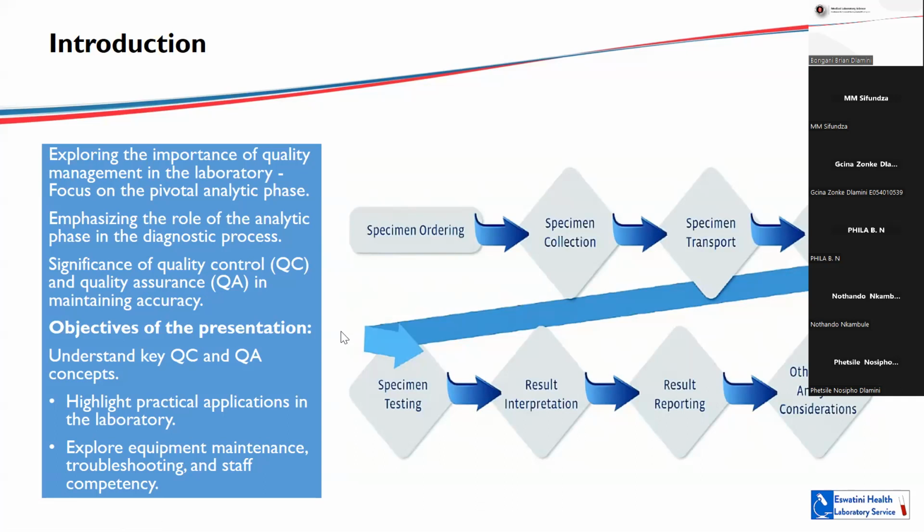We need to highlight the practical applications in the laboratory, how we actually do our QCs and our QAs, and explore equipment maintenance, troubleshooting, and staff competence, because we do have quite a number of quality essentials that are really needed for our analytical phase.